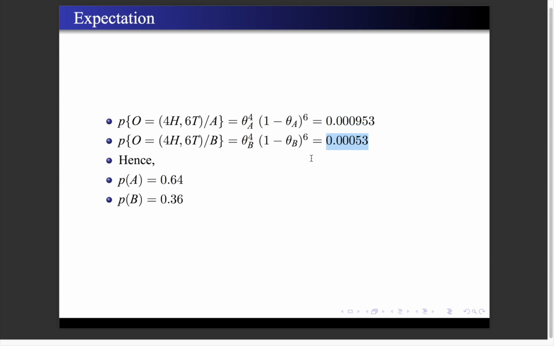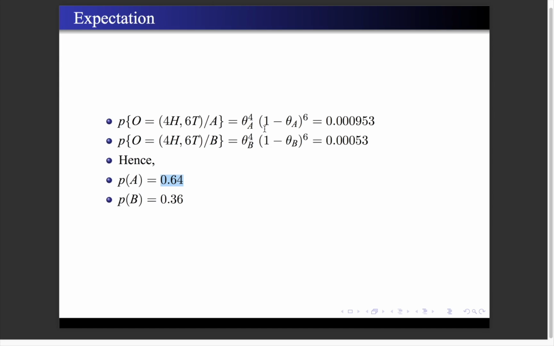Hence now we fill in the probability of A as well as the probability of B. You can see here that the probability of A is obviously larger. You could have deduced that right from the beginning because theta A was 0.3 and the outcome was 4 heads out of 10, which is a little bit close.